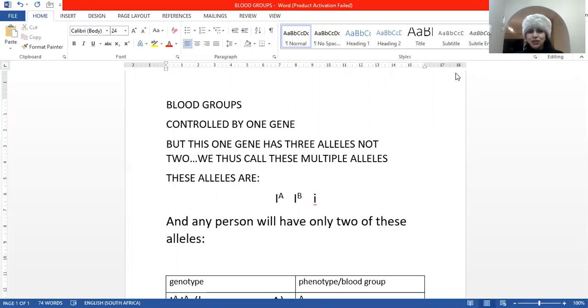Talking about everything, we're looking at the last type of inheritance, and that's the inheritance of blood groups. Everything we discussed thus far is controlled by one gene having two alleles. Like one gene controlling the characteristic of seed shape, and the seed shape could either be oval or round.